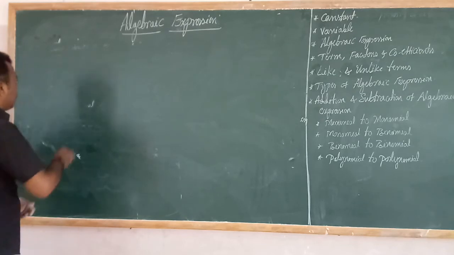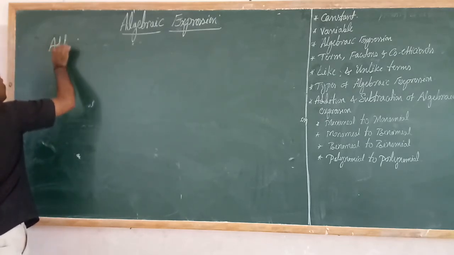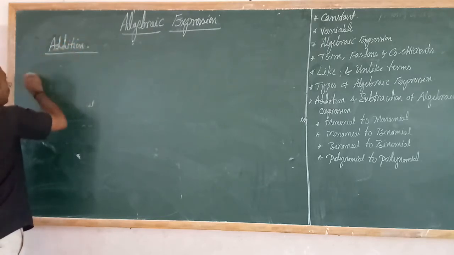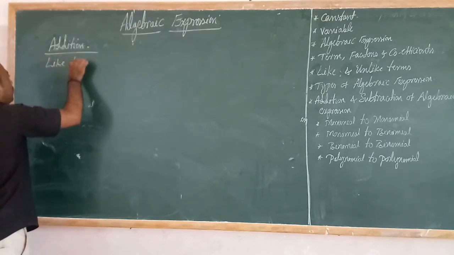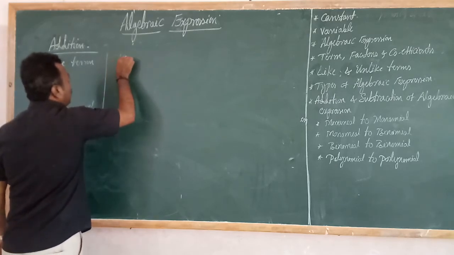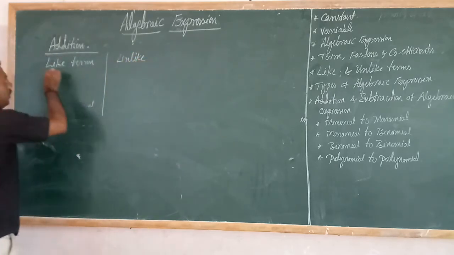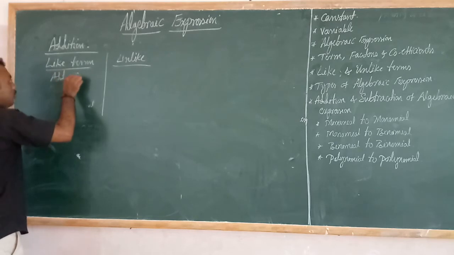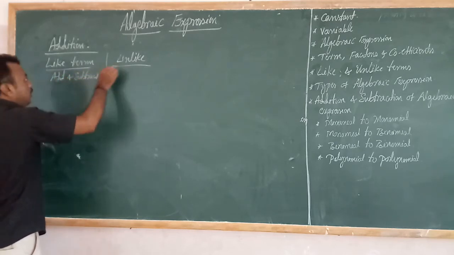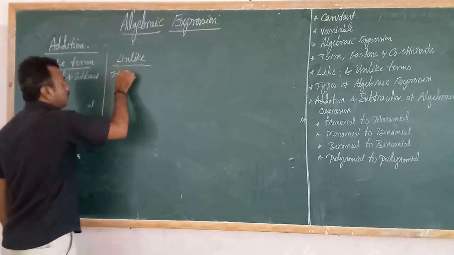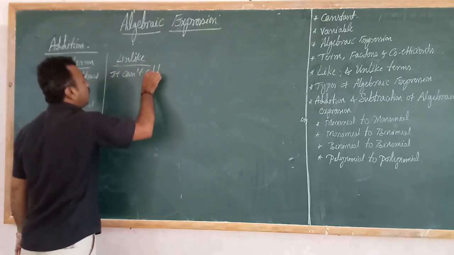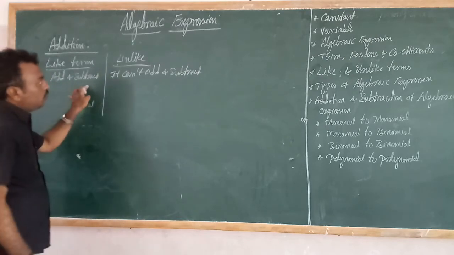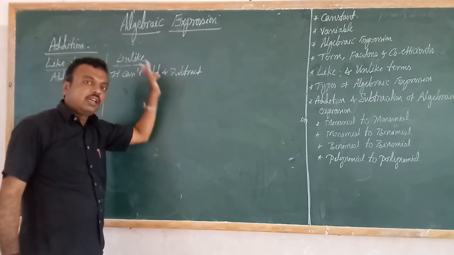In addition, first I will take one example. Within this, like terms and unlike terms. The like terms and the unlike terms. Like terms can be added and subtracted, we can do both. But unlike terms cannot be added or subtracted; they have to remain as they are.